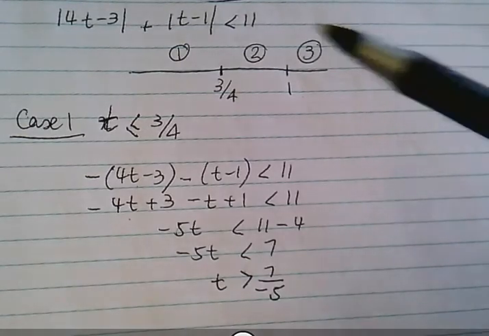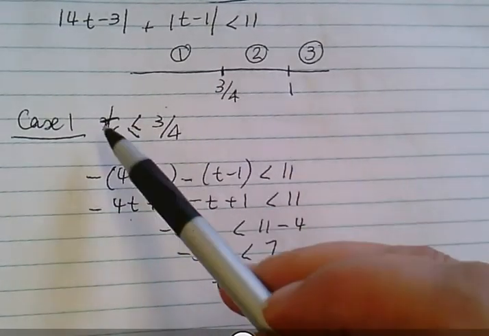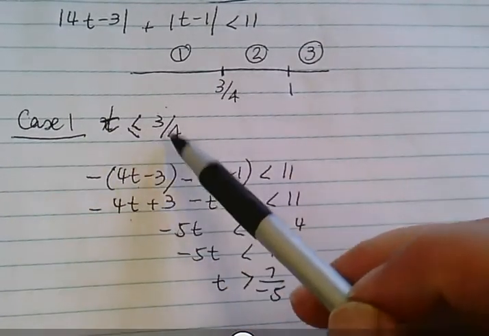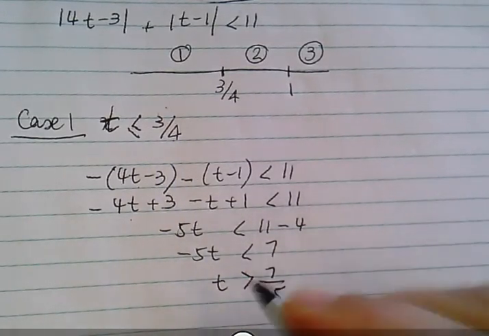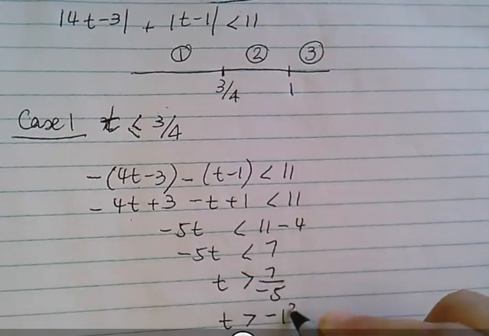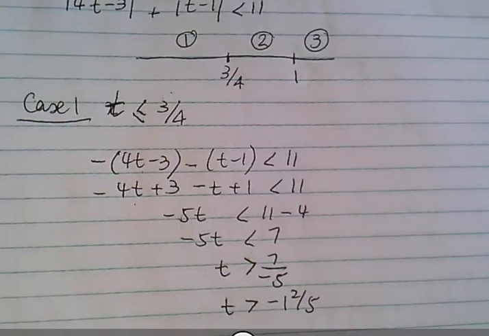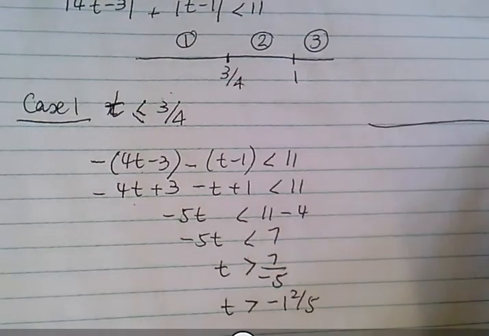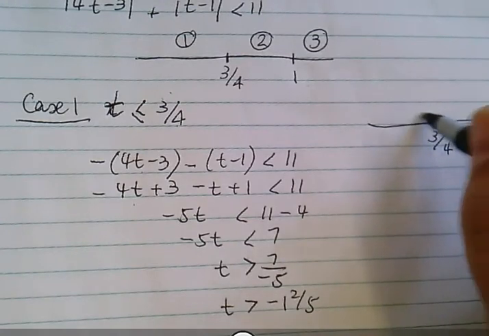Now, is there an intersection between these two solutions? This is telling me this will only work for values of t less than or equal to 3/4, and I've got t is greater than -1 and 2/5. There is an intersection between -1 and 2/5 and 3/4. So my case 1 tells me I want values of t less than or equal to 3/4, right?